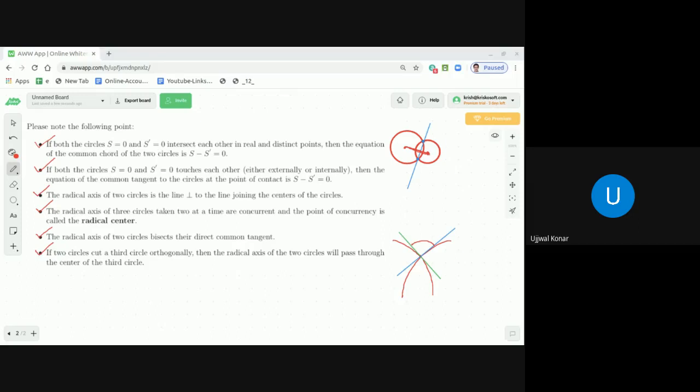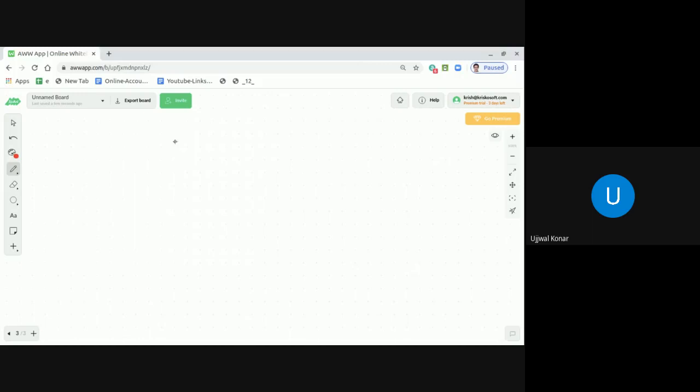Now, we are going to discuss the external and internal contact of two circles. That is the next topic. Okay, let us consider two circles.